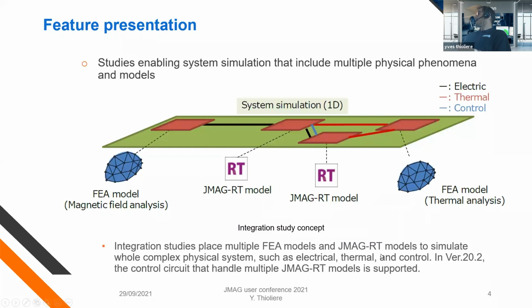At the moment, it's a bit limited. Just JMAG RT can be integrated, but the aim of this feature is really to be able to have multiple studies from different multi-domains. This feature will be improved in the coming versions. That's just the beginning for this feature.